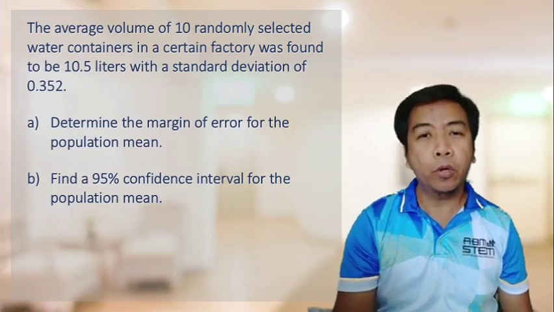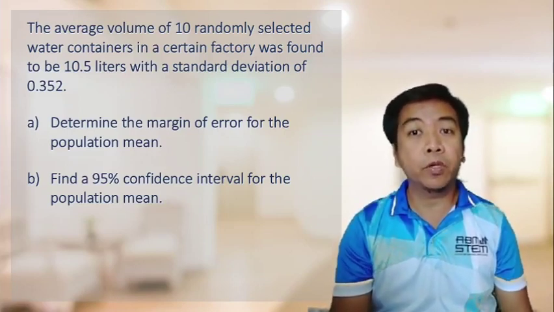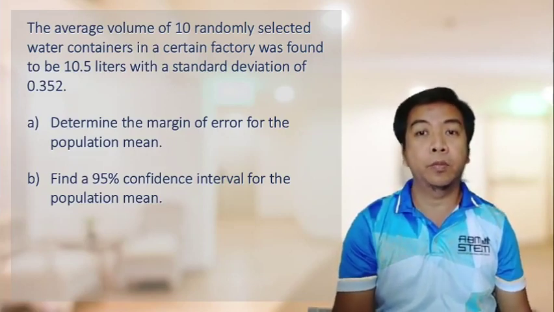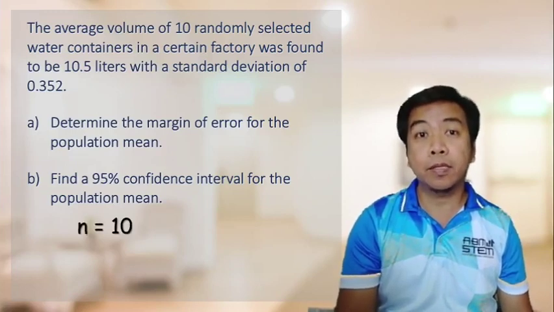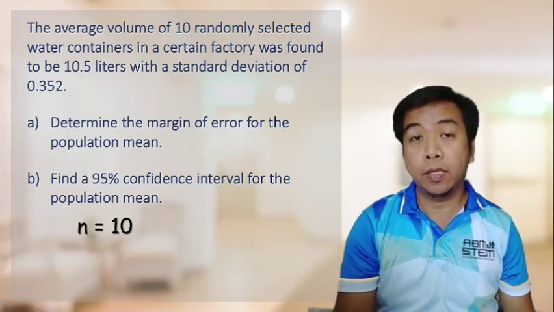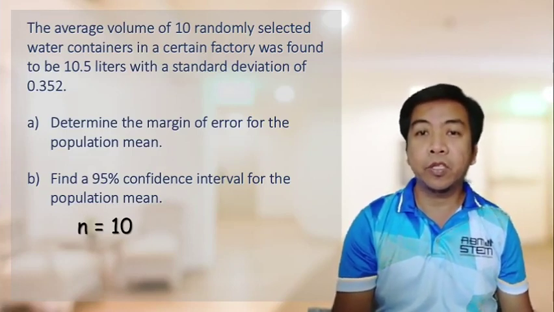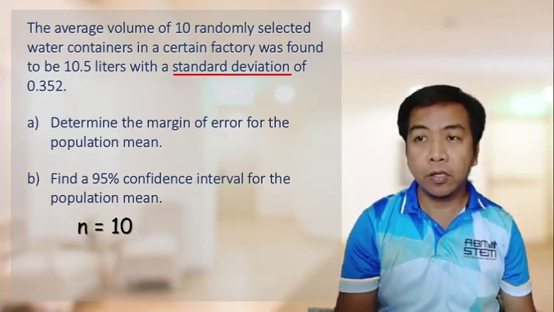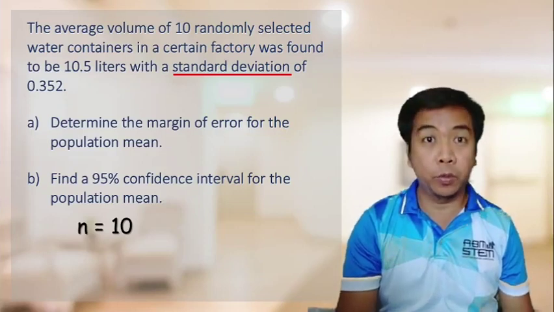Now, before we even solve for A and B, let's determine first if we're going to use the normal distribution or the t-distribution. In our worded problem, the sample size is equal to 10, and that is obviously less than 30. Now, is the population standard deviation known? It is stated here that the standard deviation is 0.352.